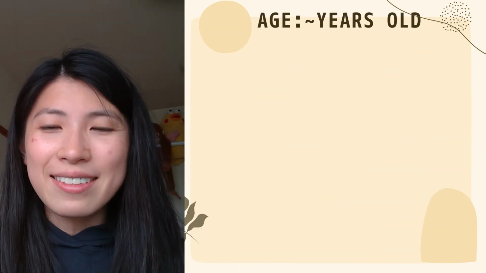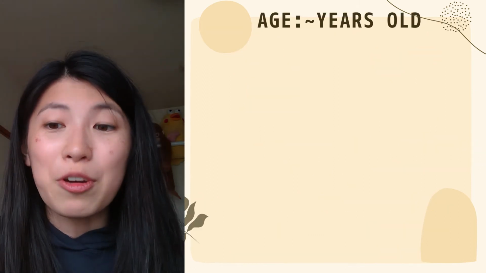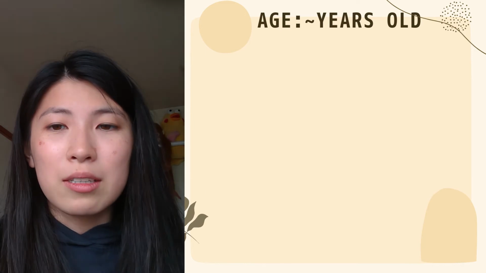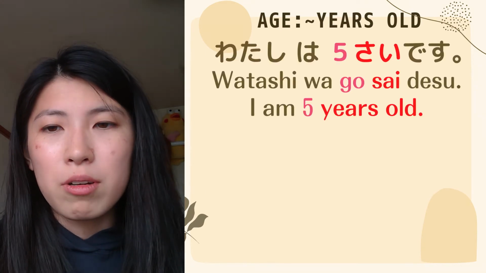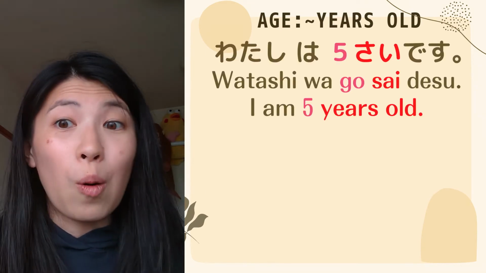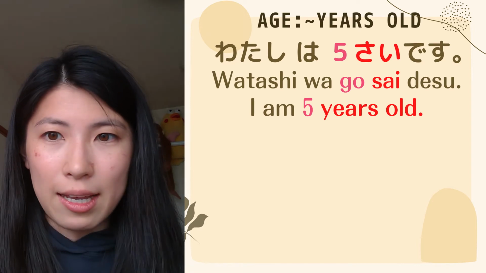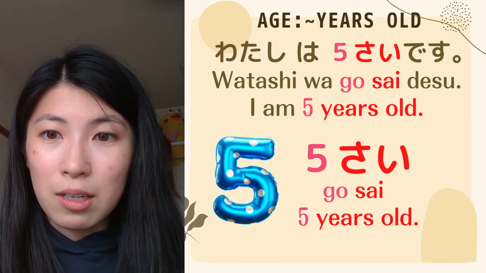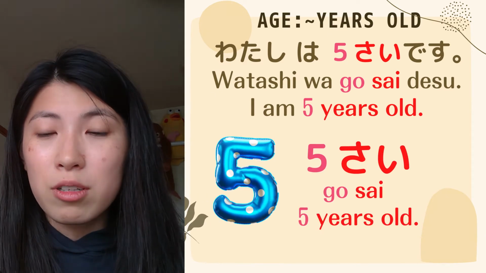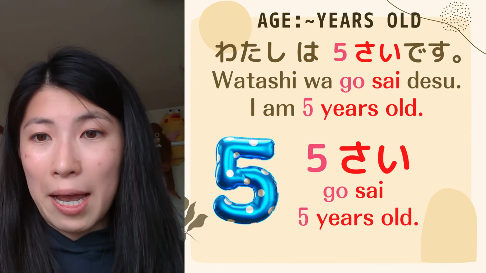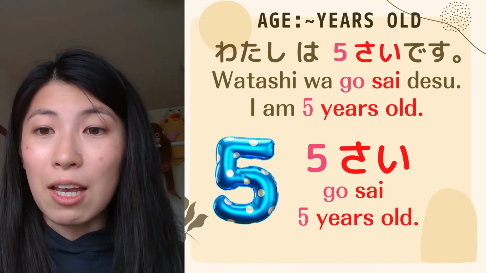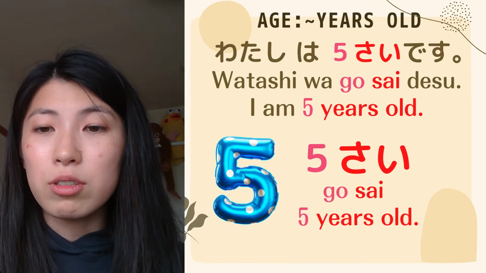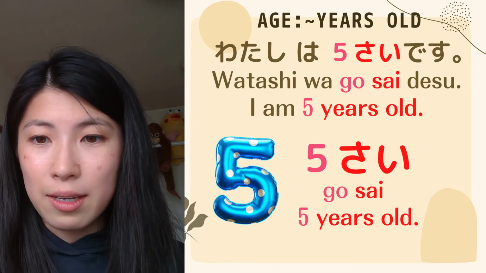Okay, so let's learn how to describe your age. If you wanna say "I'm 5 years old," it's gonna be 私は5歳です。So 5 years old is 5歳. 歳 is a suffix of age, so you just need to finish with 歳.